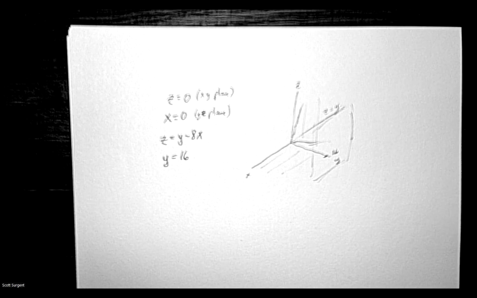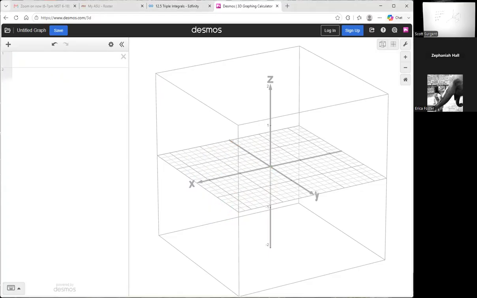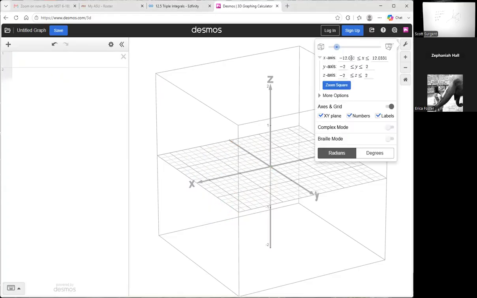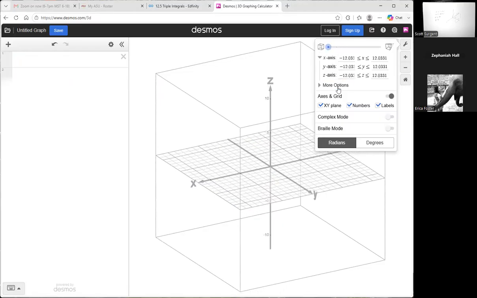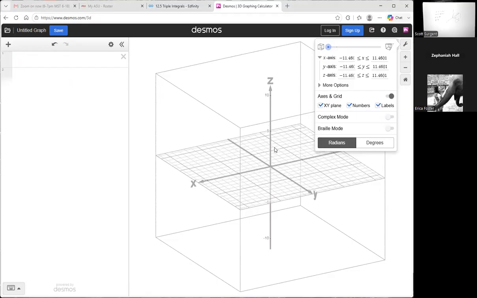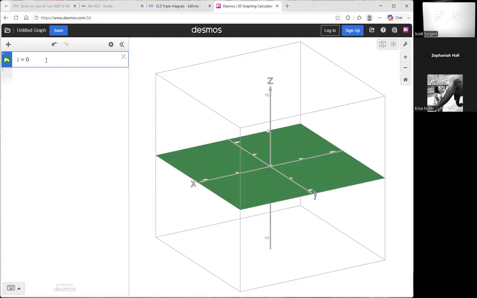Let me get back to the normal view. So what I'm going to do is type in z equals zero, and I'm going to type in x equals zero.